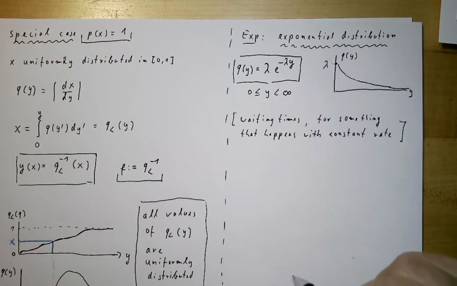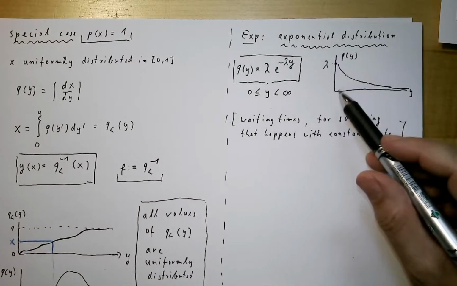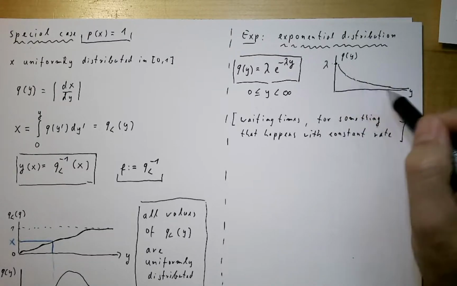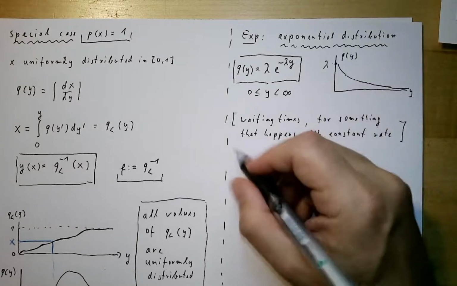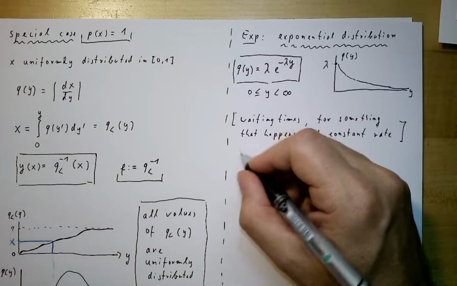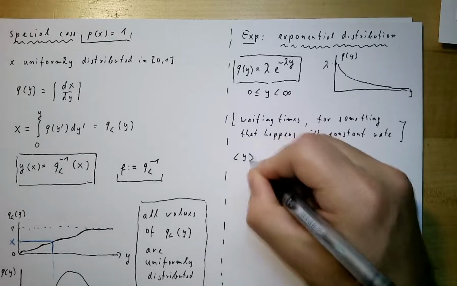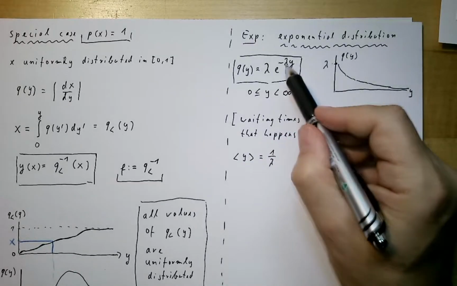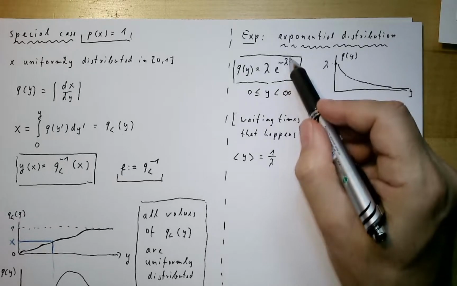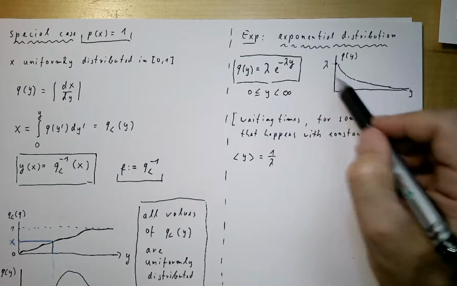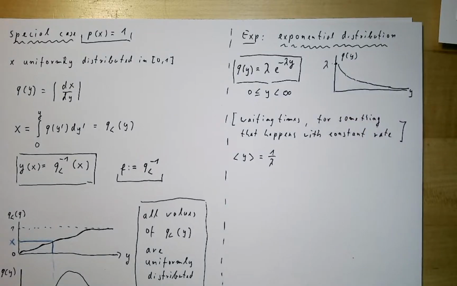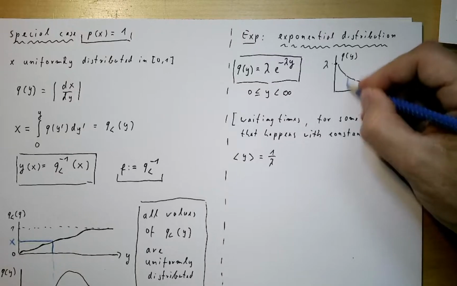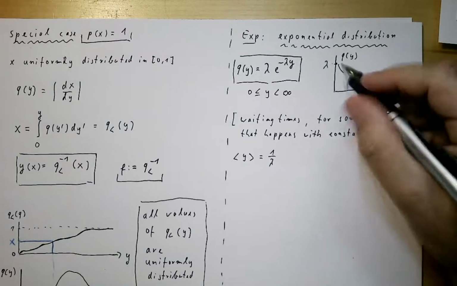So what's the cumulative distribution of this? In one of the exercises, you will look a little bit at this. You will see that the expectation value of y is 1 over lambda. So this 1 over lambda, something like the half decay rate, is also the expectation value.